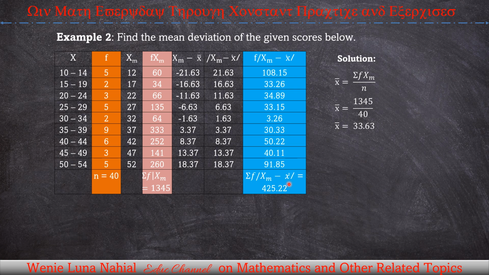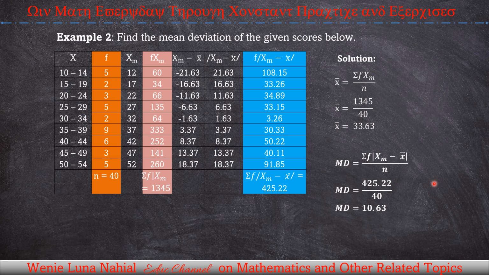Then take the summation. So for the mean deviation, we have to use the formula, the summation of f times the absolute value of x sub m minus x bar all over n. So here we have 425.22 divided by 40. So our MD is 10.63.